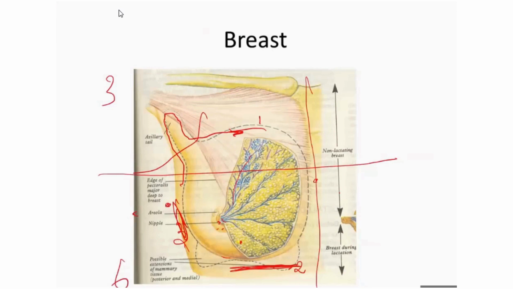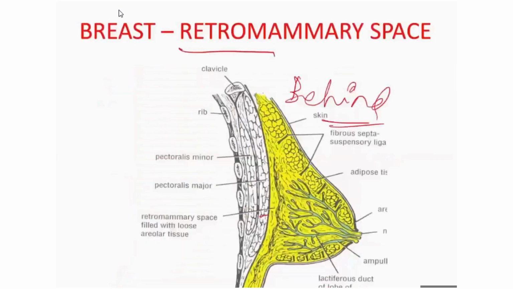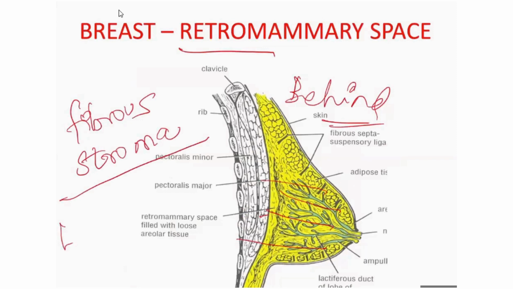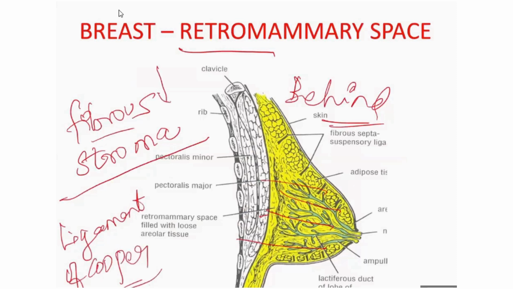And the fiber which is holding the breast in its position is the fibrostroma. That we call the fibrous stroma, which holds the breast in position and gives a shape to the breast. That we call the ligament of Cooper. As age advances, the fibrous tissue will be less in a female.